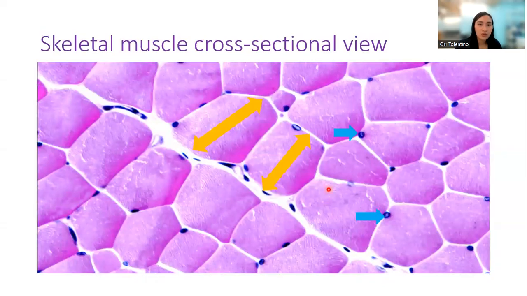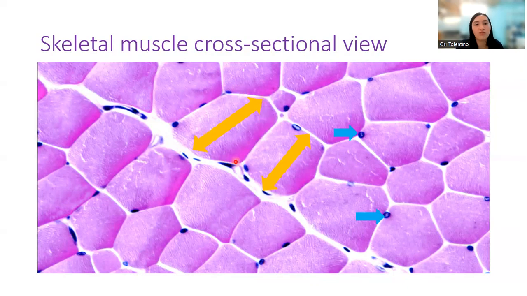Again, a very high magnification cross-sectional view. You can see this is an individual muscle fiber, and the structure pointed by the yellow arrows is the covering of the individual muscle fiber, which is the, what again? The endomysium.